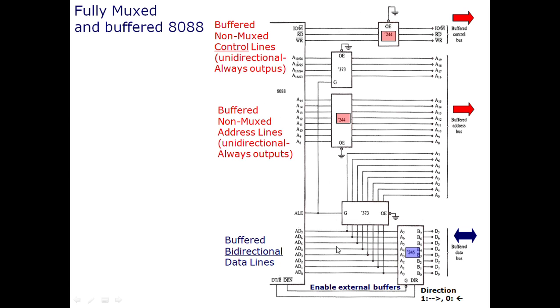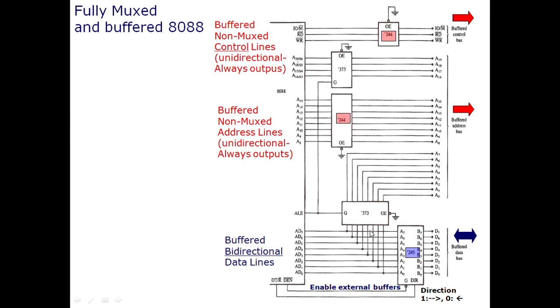As the data is being sent, data transmit, DT, means a 1 is set here. So when DIR, which is the direction, receives 1, the direction is out of the microprocessor. So this transceiver is enabled by the data enable pin, and the direction is set to be going out from the microprocessor. And exactly at that time when the data is being sent, the address latch enable is 0. So this chip is disabled.